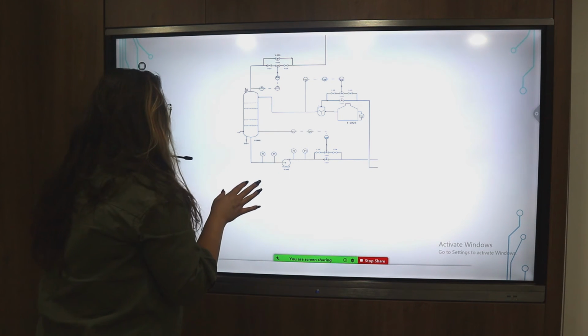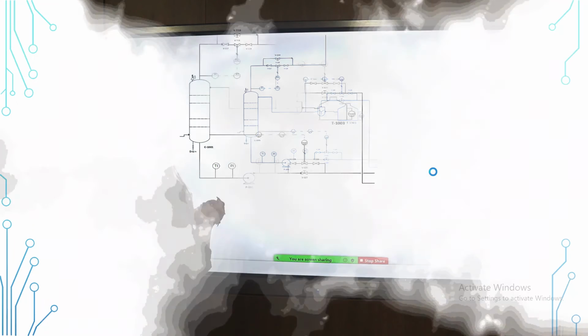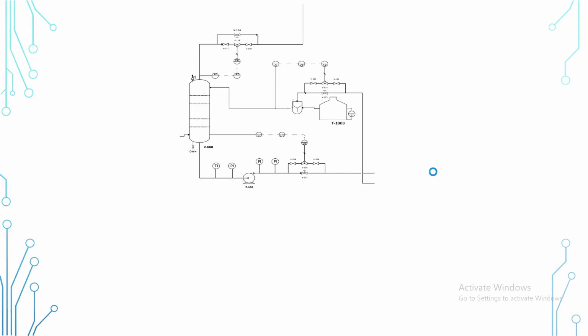The final control loop, and I think the most important control loop when it comes to the absorber, is the concentration control loop. Now, in an absorber, usually we're using a liquid to absorb a vapor or a certain composition of a vapor. This way, we're using a solvent, usually DEA, MEA, whatever solvent we're using.